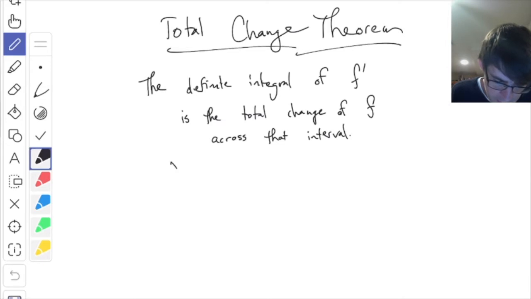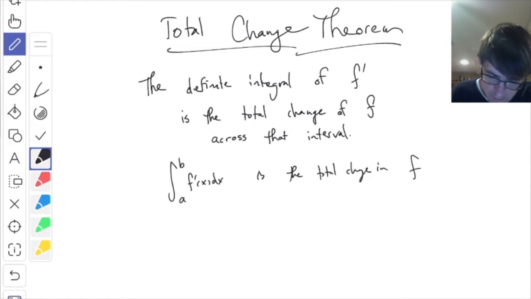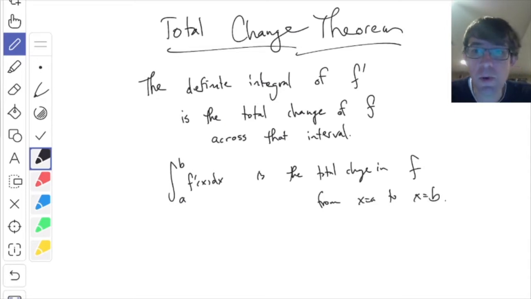By that interval, I mean if you're doing the integral a to b, f prime of x dx, this is the total change in f from x equal a to x equal b. All right, this is what the book calls the total change theorem.